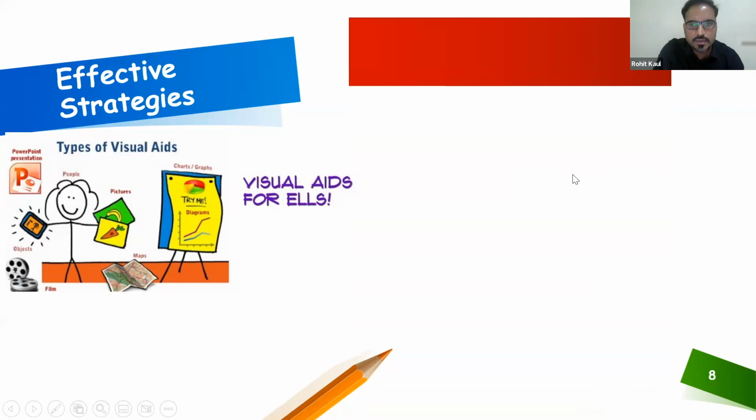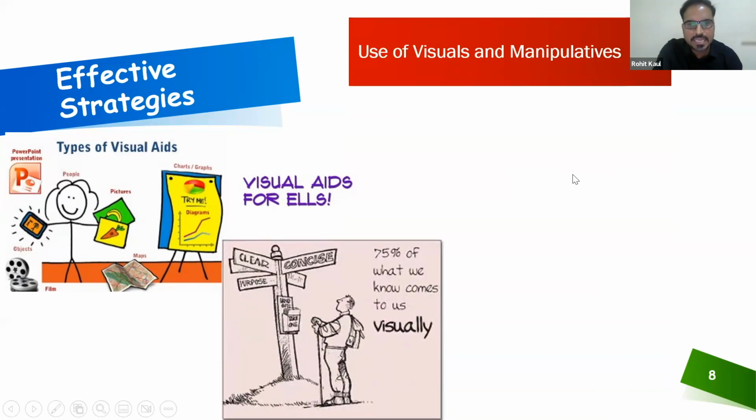There is a saying that 75% of what we know comes to us visually. So whatever we learn, it comes to us visually, so we are more attuned to learn things in a better way.